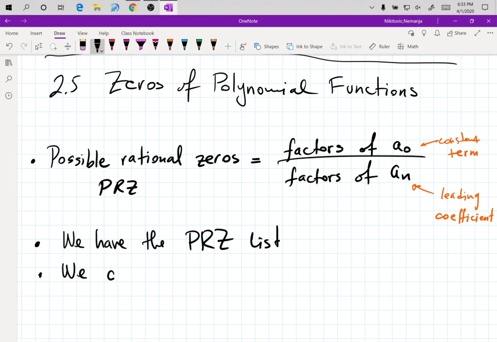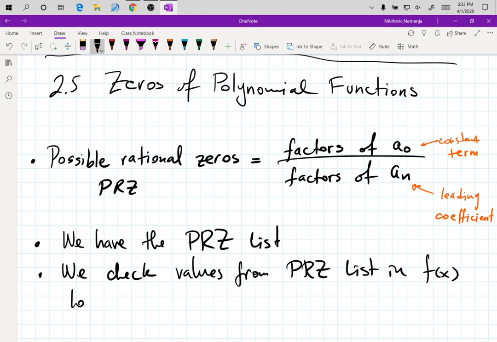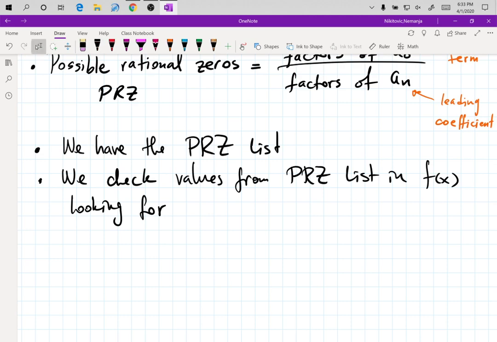We check values from pairs list in f of x, looking for f of x to be 0, which means no remainder, which means at that value you have a root and a factor and so on. You want to trim it down to the quadratic, and when you trim it down to quadratic, you can use quadratic formula to find the last two roots. So all of that good stuff.